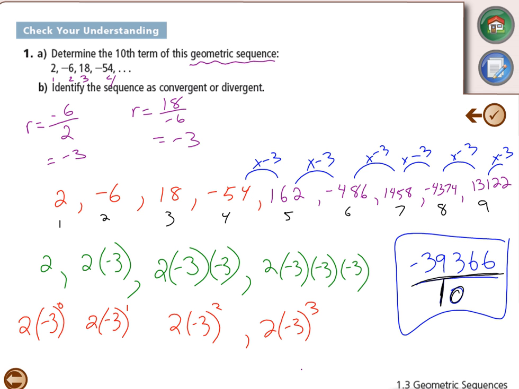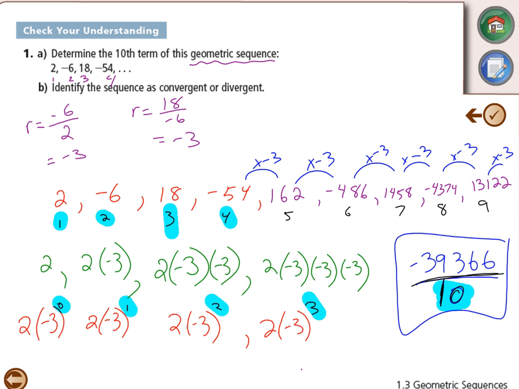Look carefully at the relationship between the term number, first term, and that exponent. Second term, the exponent. Third term, the exponent. Fourth term, the exponent.